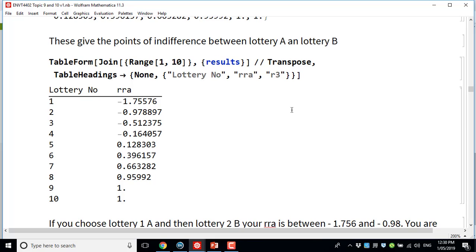So my risk attitude is somewhere between minus 0.1 to minus 0.16. This is the point where I'm switching from option A to the riskier option B. Does it make sense? Am I making sense or not really?